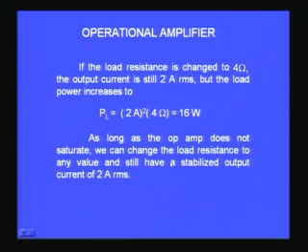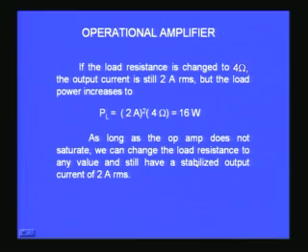If I make it 4 ohms, the current still will be 2 amperes because the current is decided only by the 1 ohm resistor, and multiplied by 4 ohms gives me 16 watts. So the output power is increased because the value of the resistance is doubled, the output power is also doubled. So as long as the op amp does not saturate, we can change the load resistance to any value and get a stabilized current of 2 amperes.